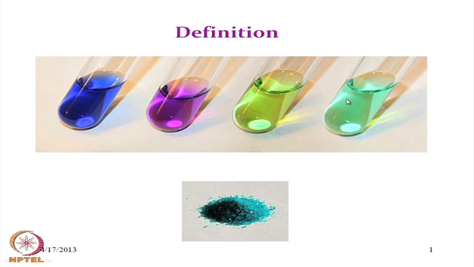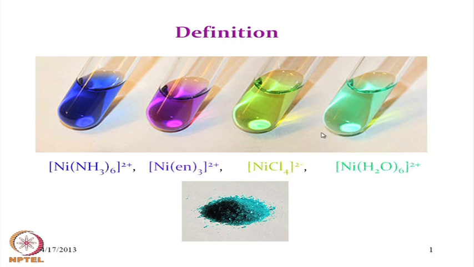If we are able to analyze the color of this species, we should be able to tell what is forming inside this test tube. This is basically a nickel salt. Nickel sulphate or nickel chloride is in our hand, and when we dissolve it in water, it gives, like iron, the hexaaqua nickel chloride or sulphate.